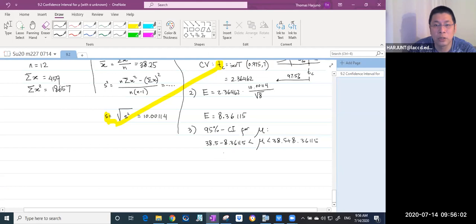So this will be 30.13885 less than mu less than 46.86115. Now forgive me if I make a miscomputation here, but the technicality is all correct.